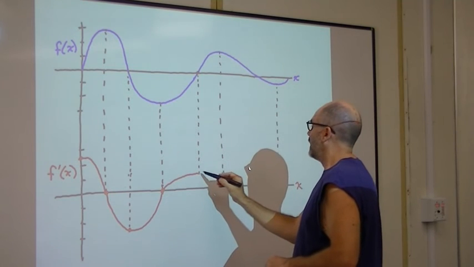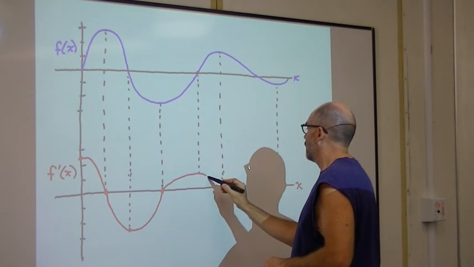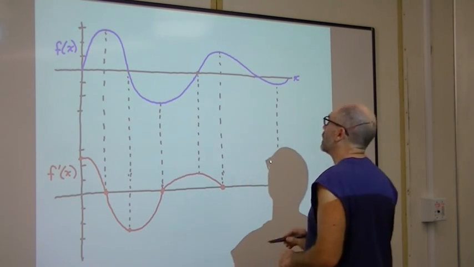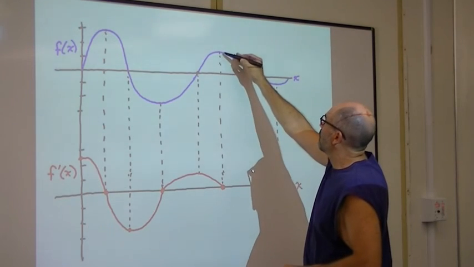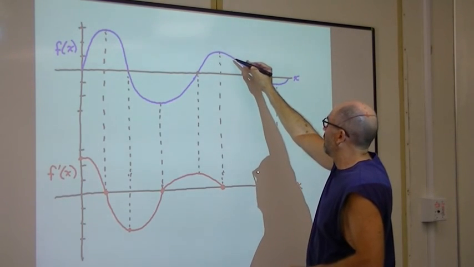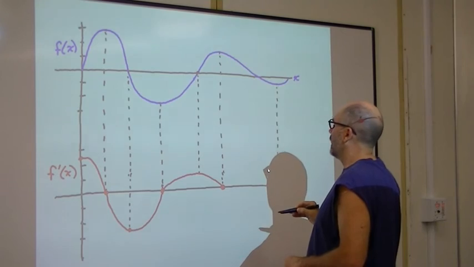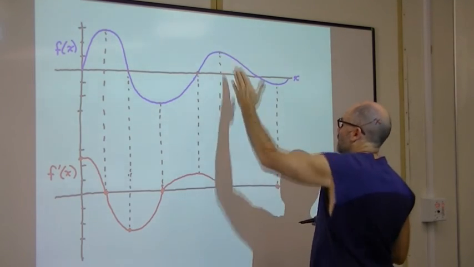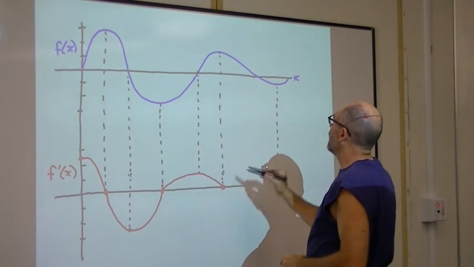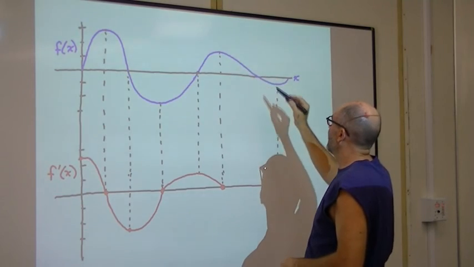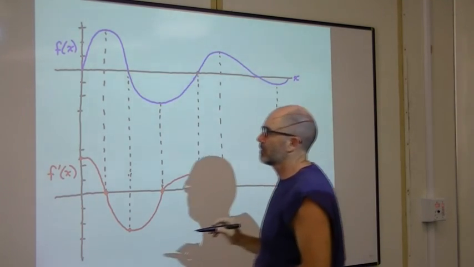And then it's going to go back down to 0. Now what does it do? Well, it's going back negative again. So that means our slope is negative. Now where's the steepest downhill? Here.